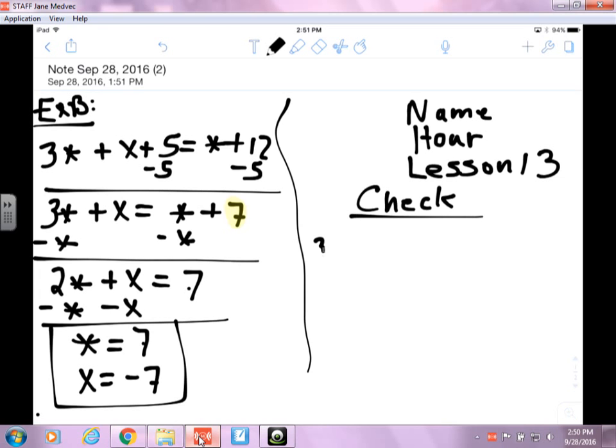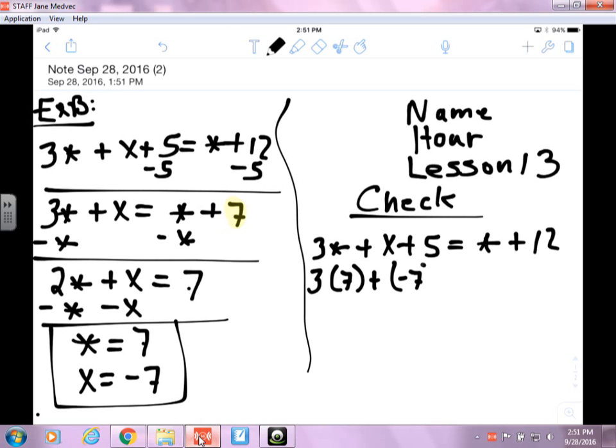Let's go ahead and write 3 star plus x plus 5 equals star plus 12. And I'm going to take out my star and I'm going to put in my number. Okay, and then what am I going to do next? Multiply.